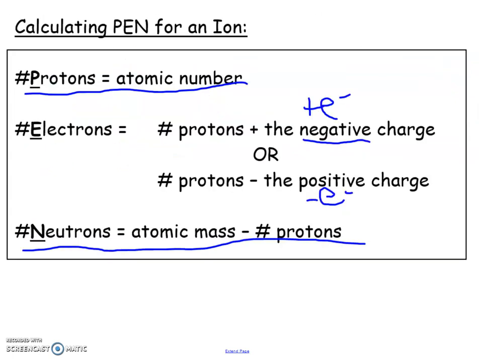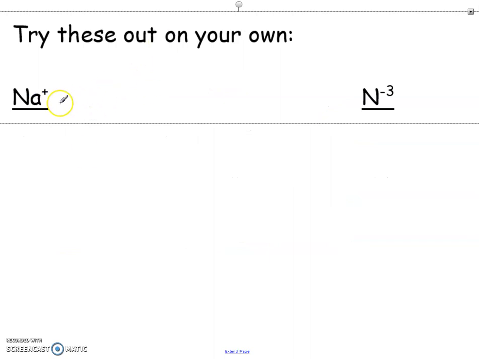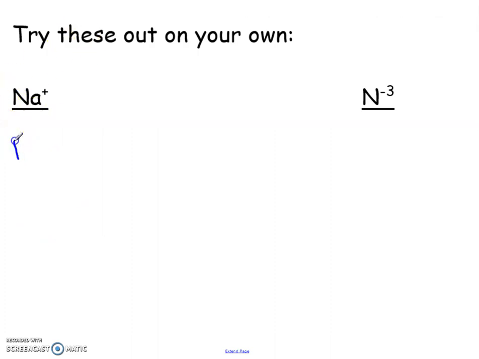Okay, so let's take a look. I would like you to pause the video and give this a try. I want you to figure out the number of protons, electrons, and neutrons for a sodium ion. How are you going to know something is an ion? You're going to see the charge in the top right-hand corner.